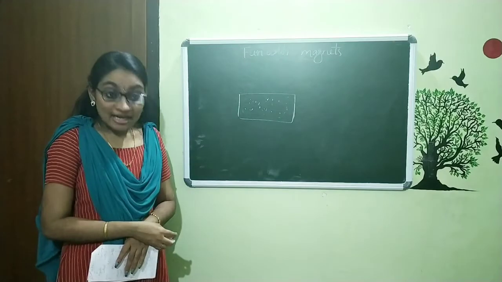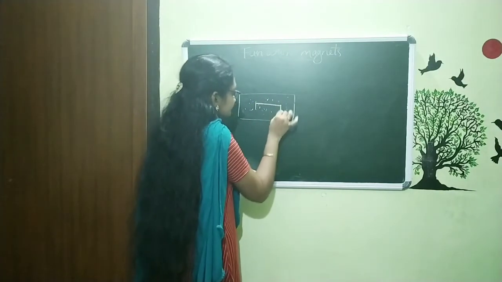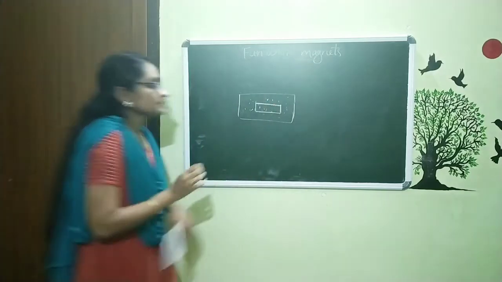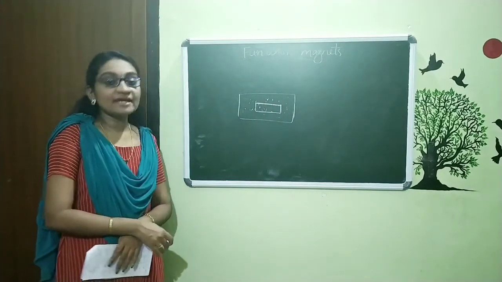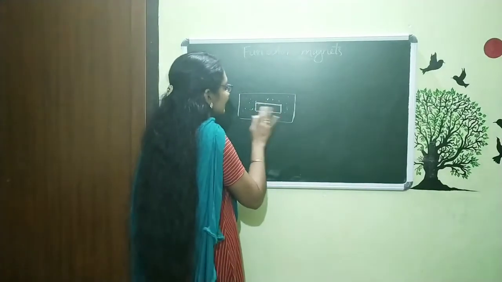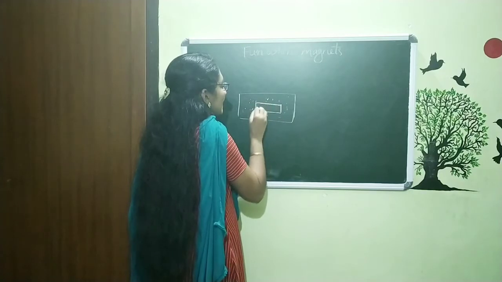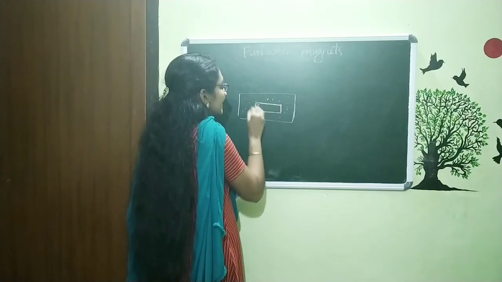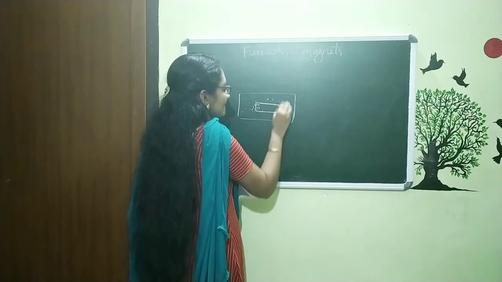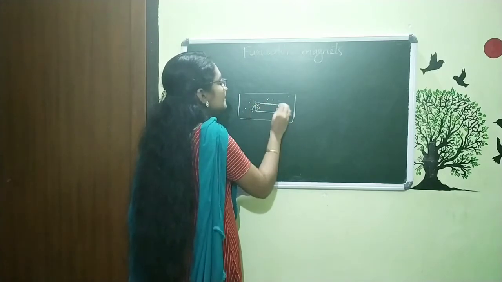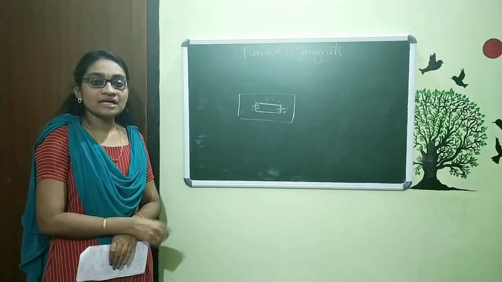And now I am taking one bar magnet and putting it on this paper, which has iron filings, and you can see all the iron filings get attracted at these two ends. What is the reason?